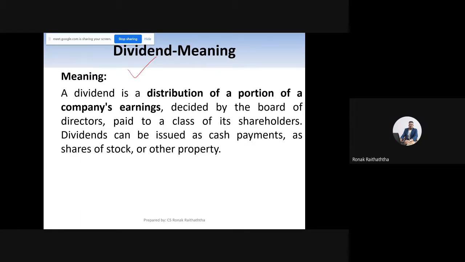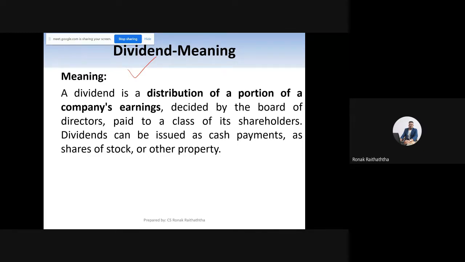Now let's understand what is this dividend first of all. Whatever the amount we pay from the profit after taxes to the shareholders is called as the dividend.